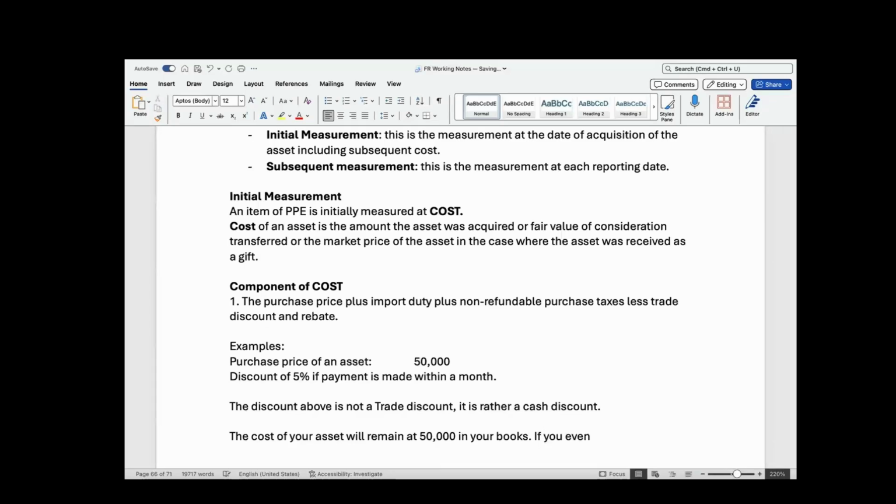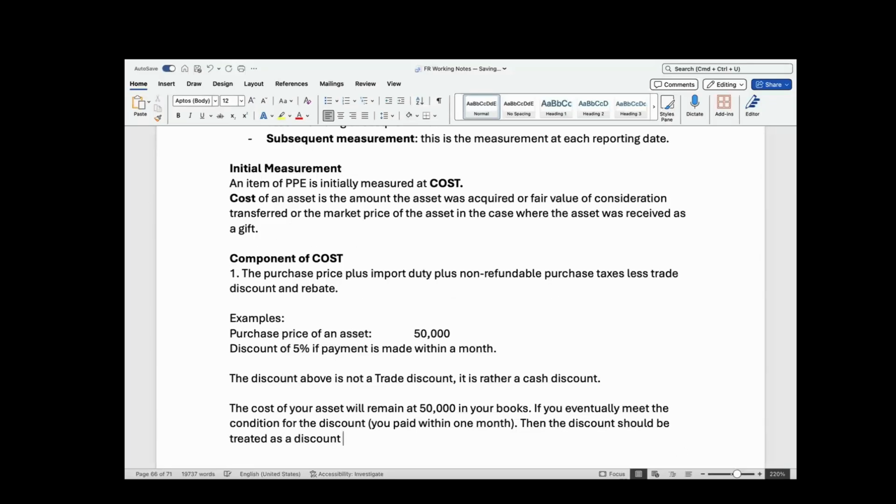So if you eventually meet the condition for the discount, meaning that you paid for these assets within 1 month, then the discount should be treated as a discount received and recognized as income in P&L.